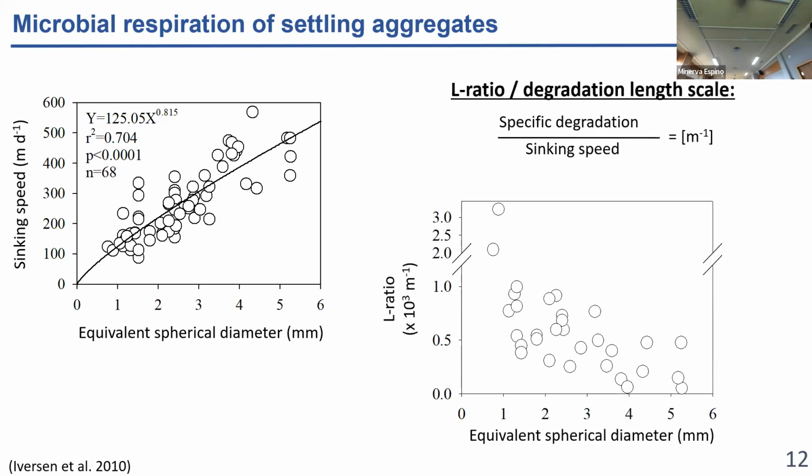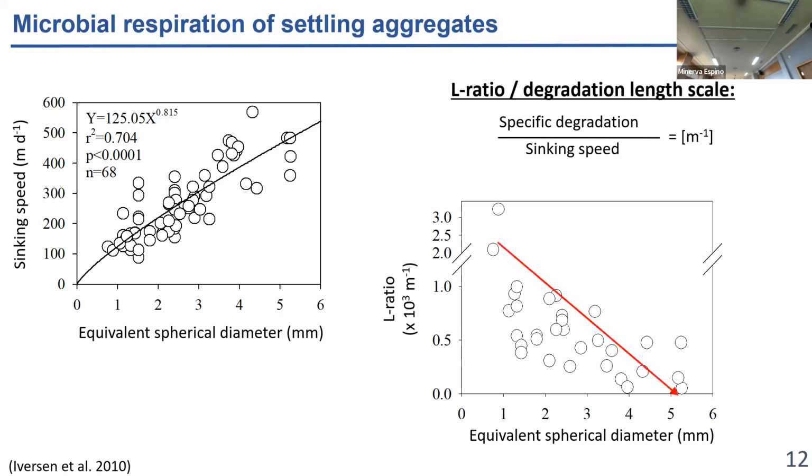And if you now divide the carbon-specific degradation rate with the sinking speed, you can get what the fraction of carbon, particulate organic carbon, that's respired into CO2 per meter that it settles, which we tend to call L ratio, or it could also be called a degradation length scale.